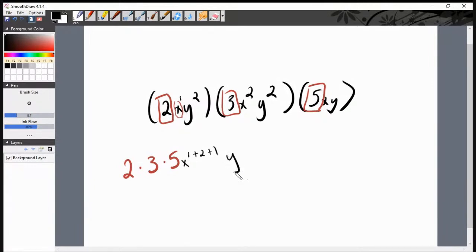Times y. And then you do the same thing. 2 plus 2 plus the unstated 1, right? And then you multiply. 2 times 3 is 6. 6 times 5 is 30. Right? X, 4, Y, 5. 30x to the 4th power times y to the 5th power.